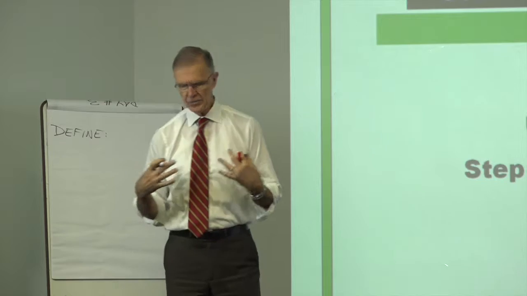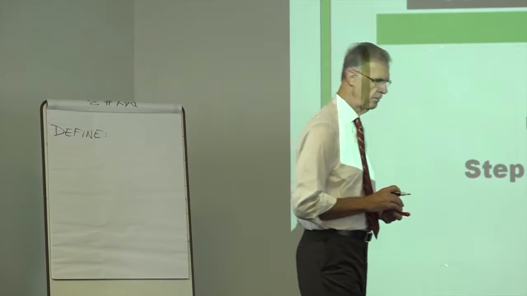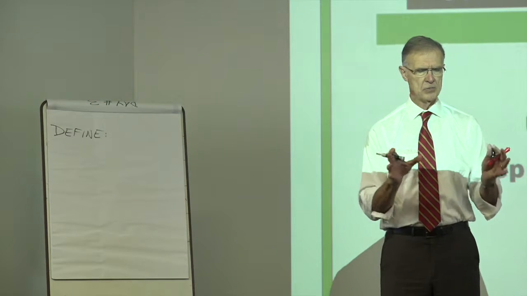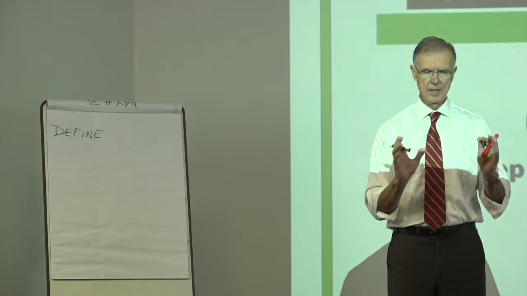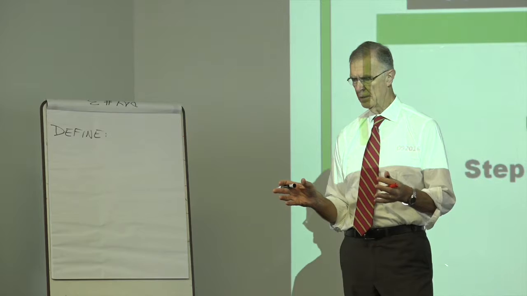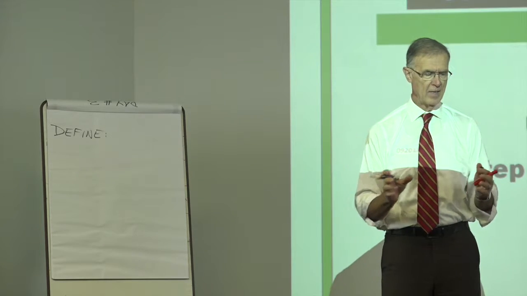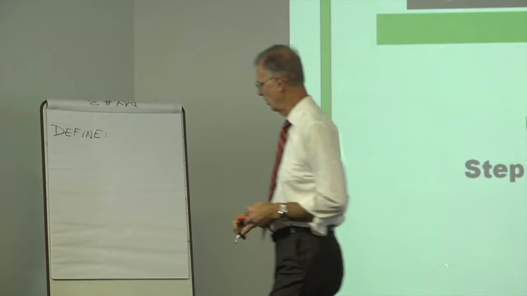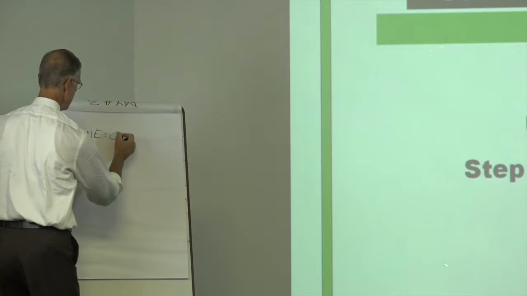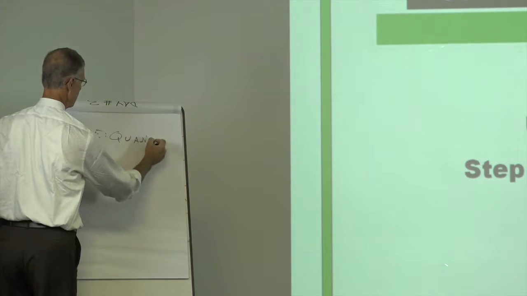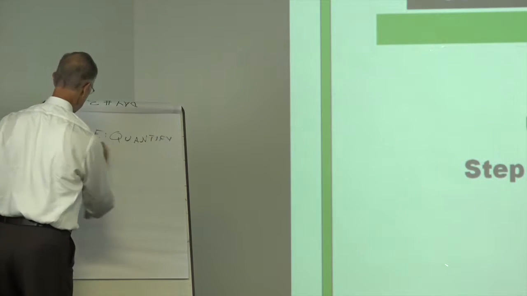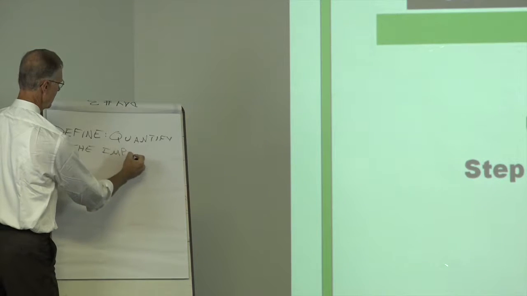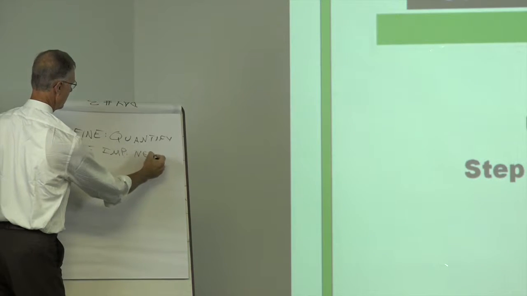So the purpose of the define step is to identify and select an important process for improvement and quantify that improvement need with data. All right, so quantify the improvement need.